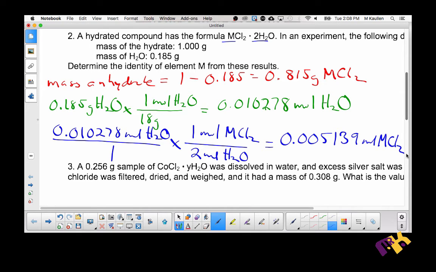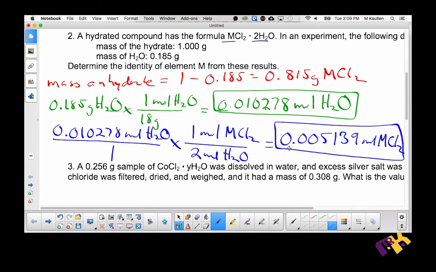Okay, so there's a couple of key pieces of information that we've gotten in the second part. One, now we have the number of moles of water, which is great. And from that information, we now know the number of moles of the anhydrous salt. We needed that.